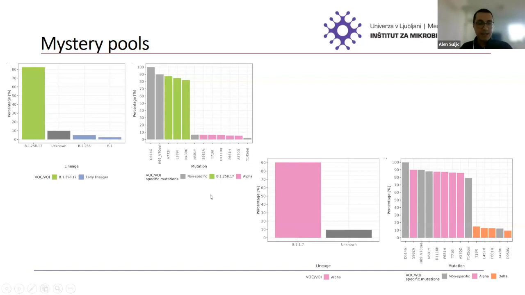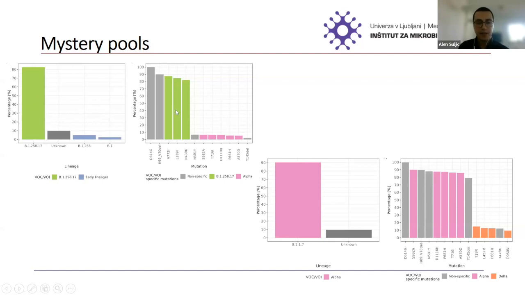So in some cases, like in these two examples, approximately 10% of the pool's lineage constellation was unknown. Looking only at the left point of the left panel of the first plot, we would not expect any other mutations than the ones belonging to B.1.258.17, B.1.258, and B.1.